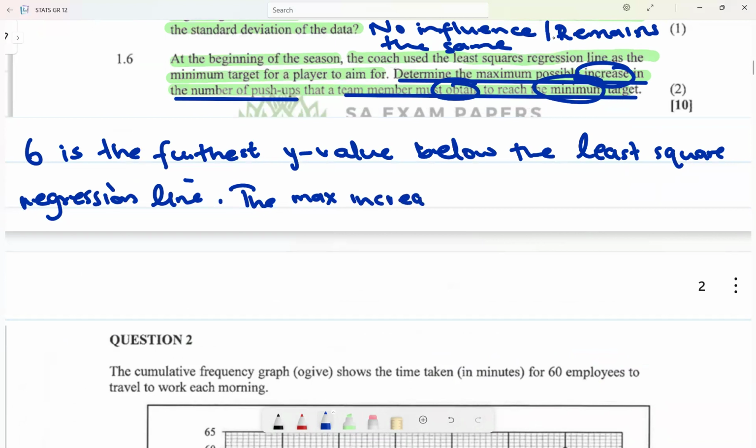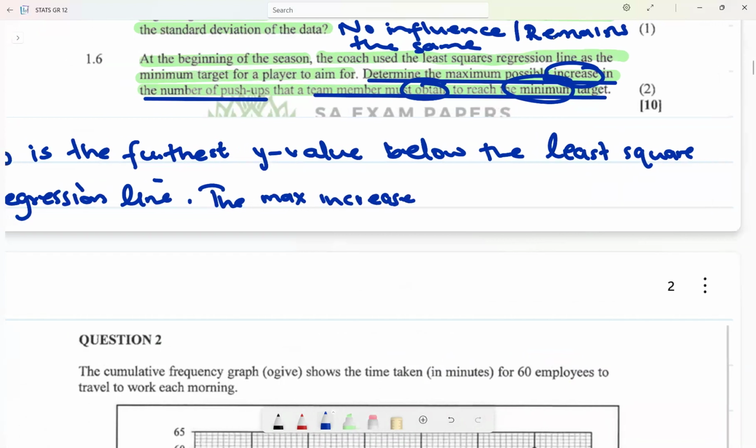Therefore, the maximum increase in the number of push-ups is 10.